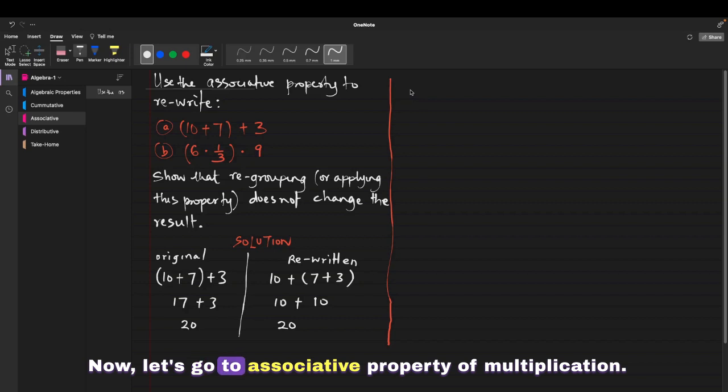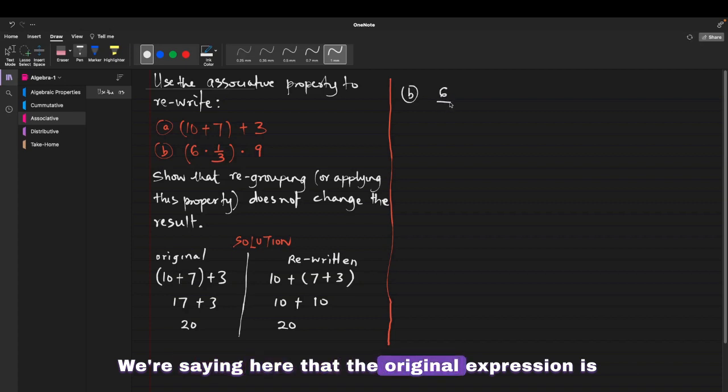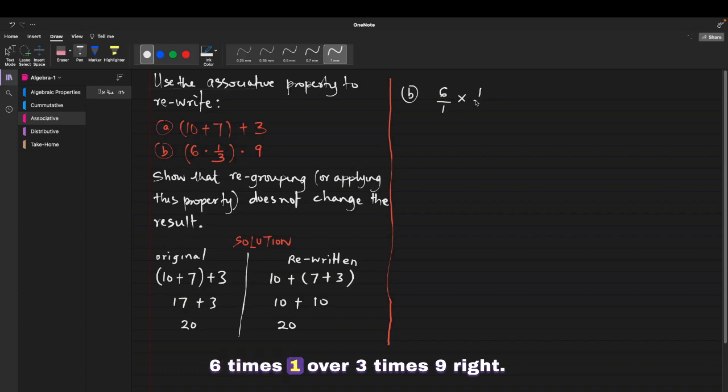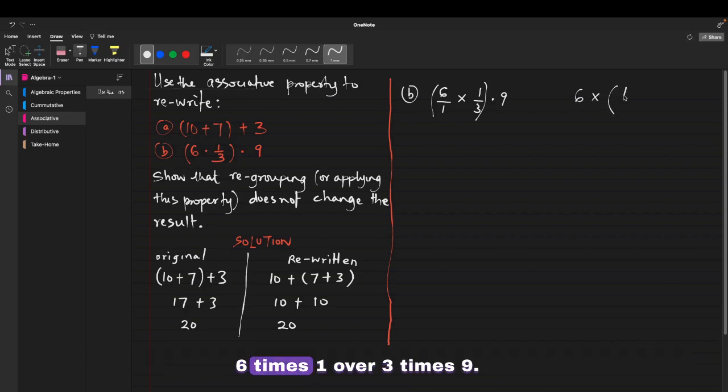Now let's go to associative property of multiplication. We're saying here that the original expression is 6 times 1 over 3 times 9, right? Here, grouped together. The rewritten expression here would be 6 times 1 over 3 times 9.